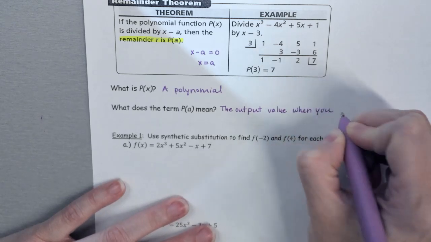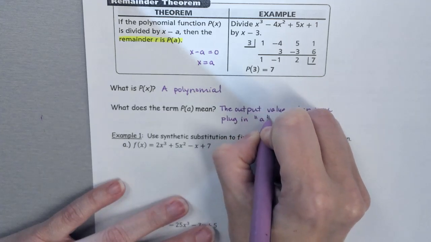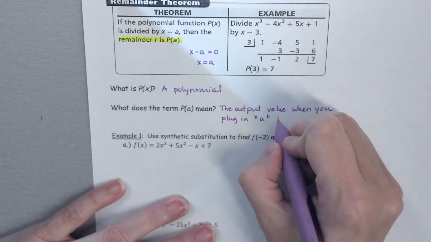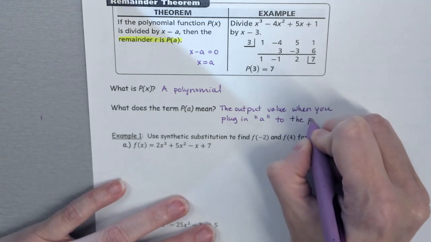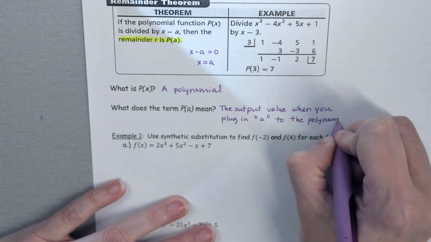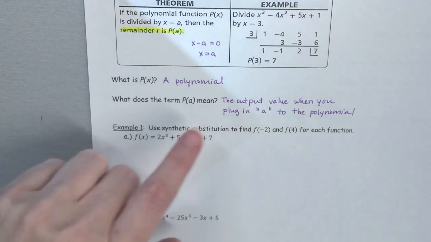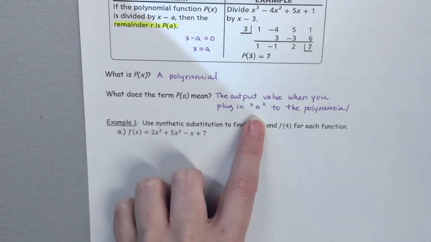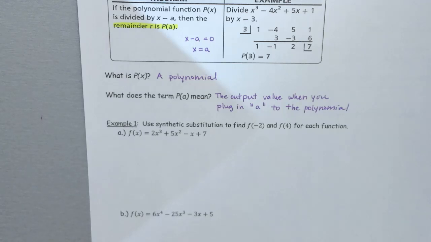That is the output value when you plug in a to the polynomial. Okay, so p of a is just your output when you're plugging in a. That's what you get at the end.